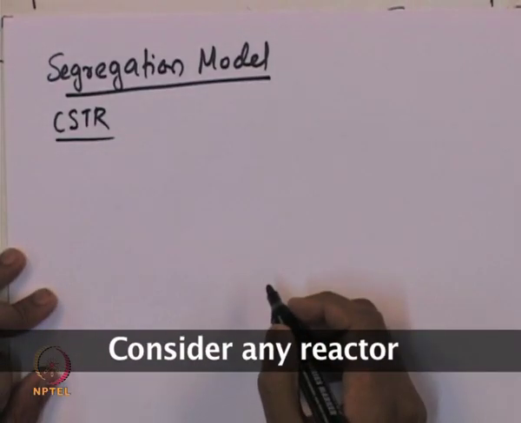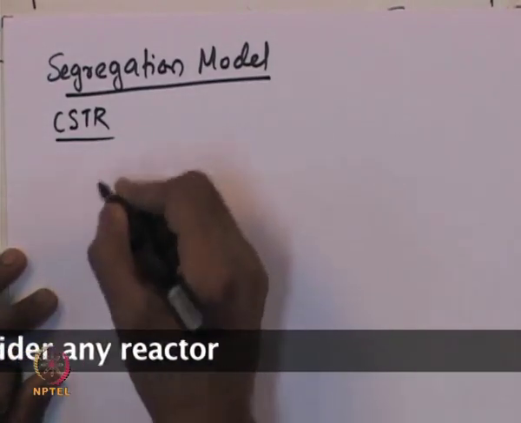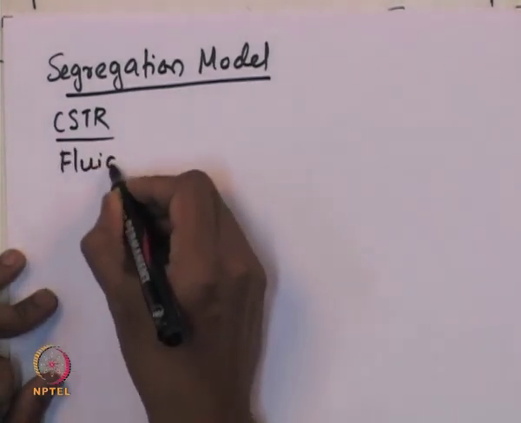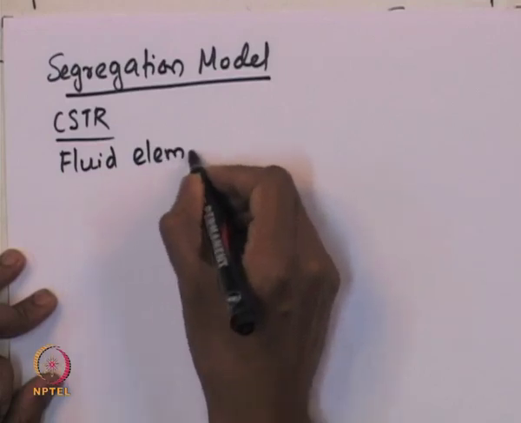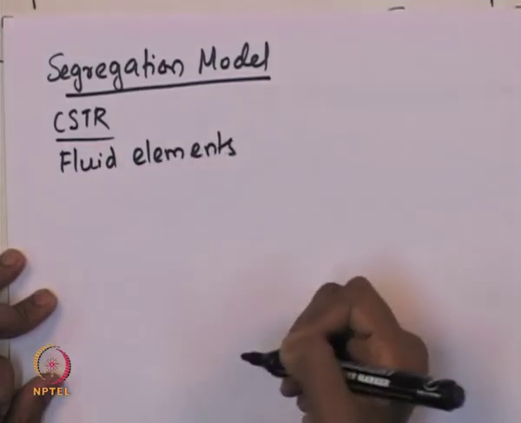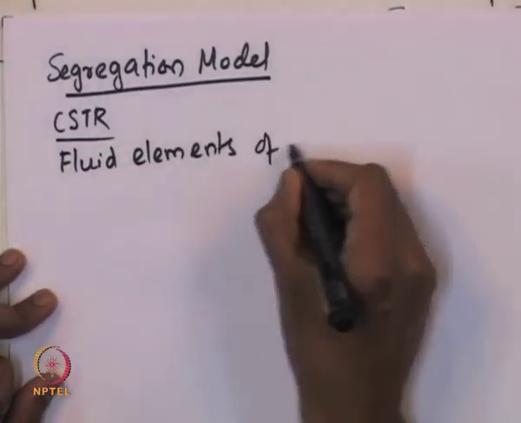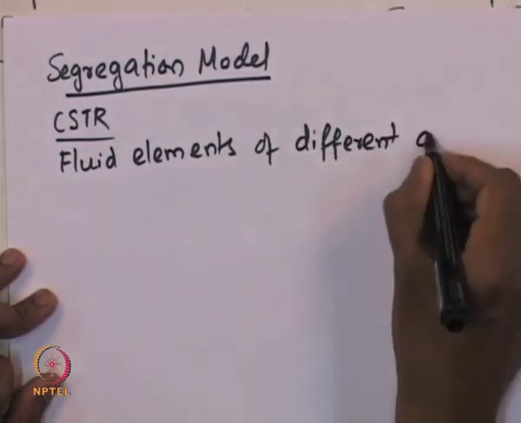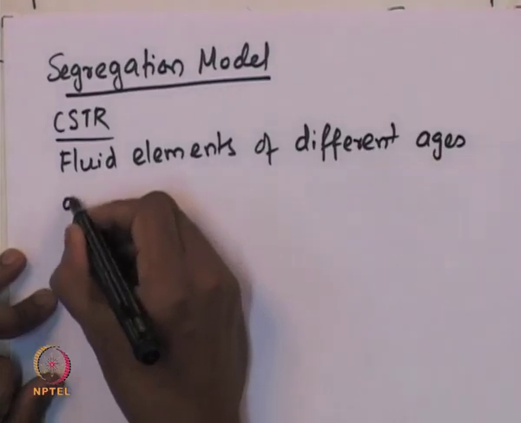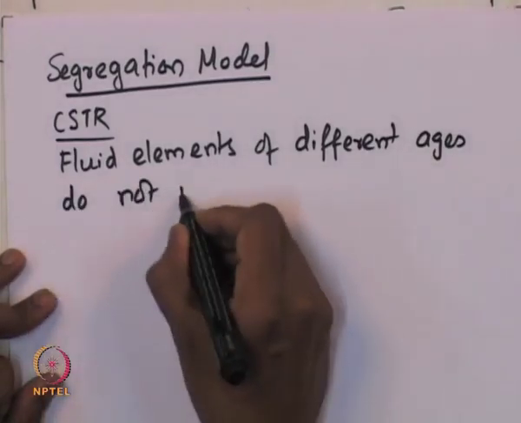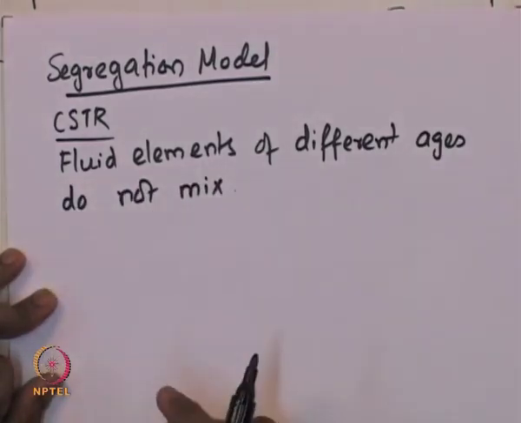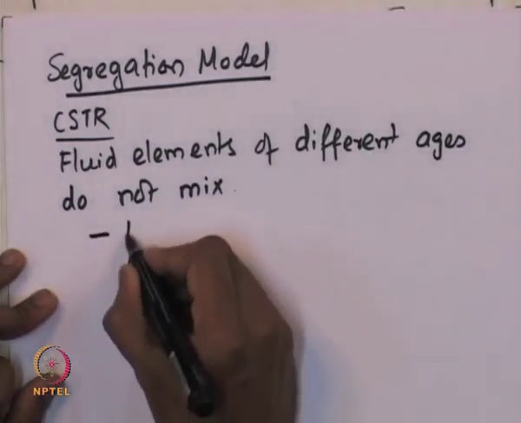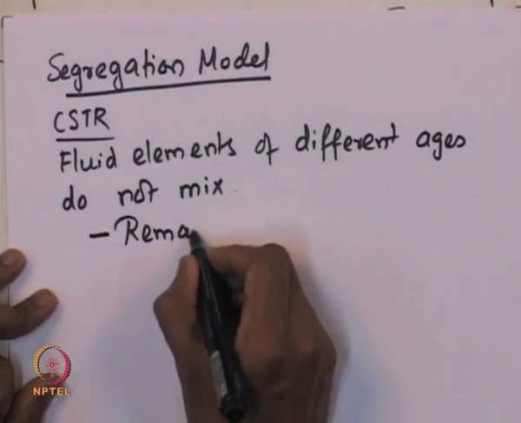It could actually be any reactor, and let us assume that the fluid elements of different ages do not mix. That is the segregation model, which means that they remain segregated all through.